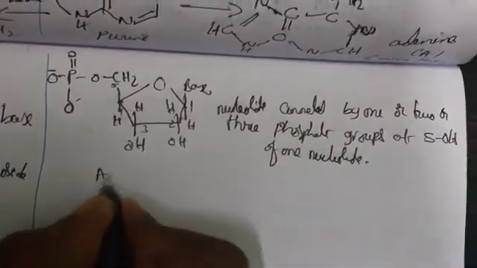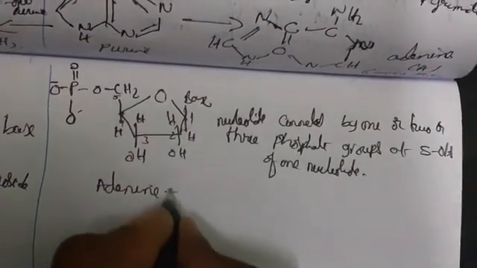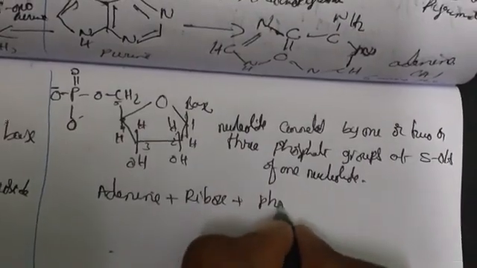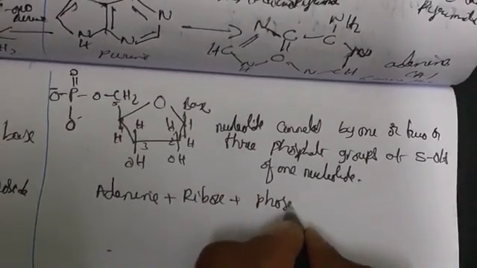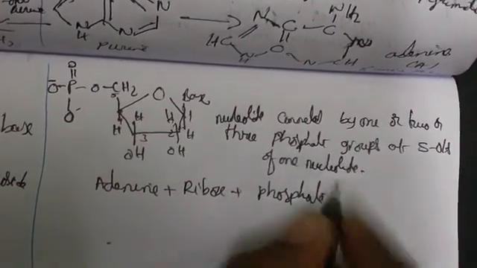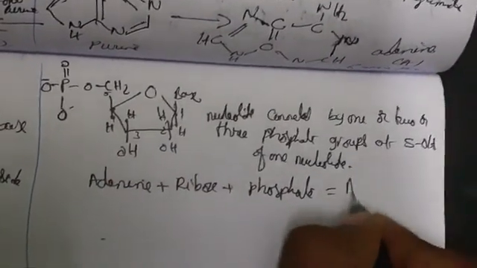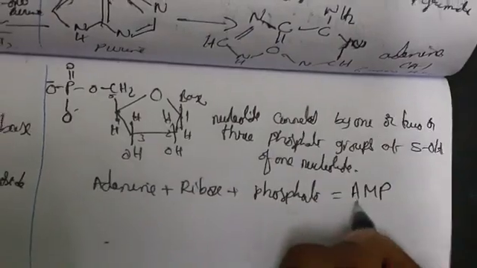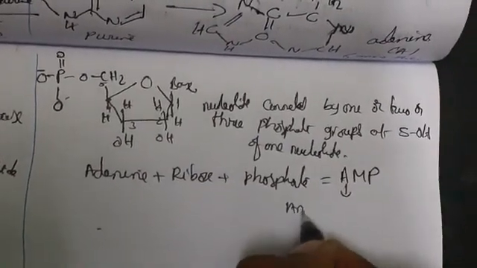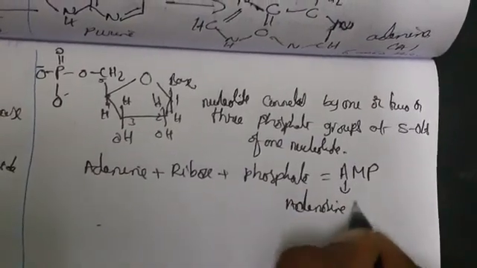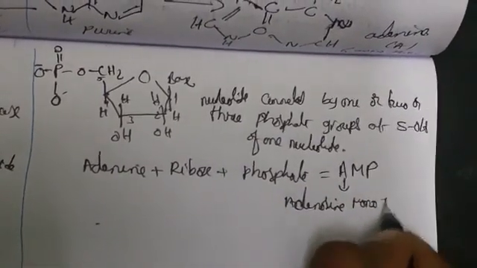If you take adenine, ribose plus phosphate, that is purine, ribose and phosphate, it will give AMP. AMP is adenosine monophosphate.